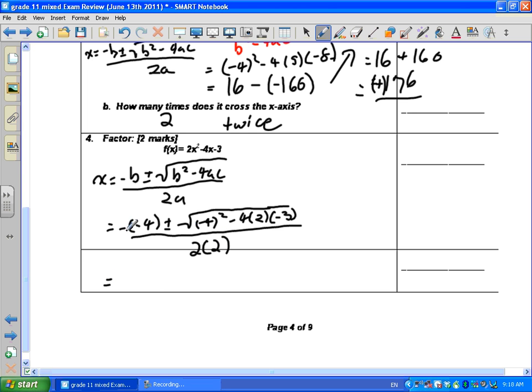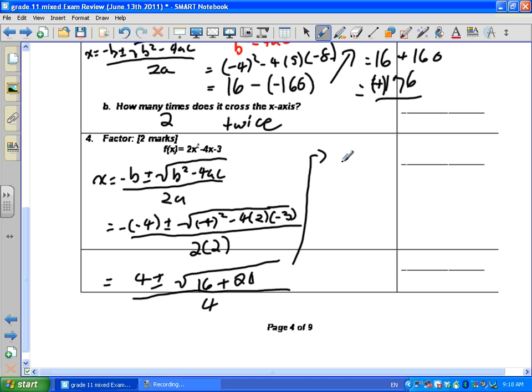Okay? Negative and -4 will be +4. -4 squared is 16. -4 times 2 is -8. -8 times -3 is +24. And 2 times 2 is 4.